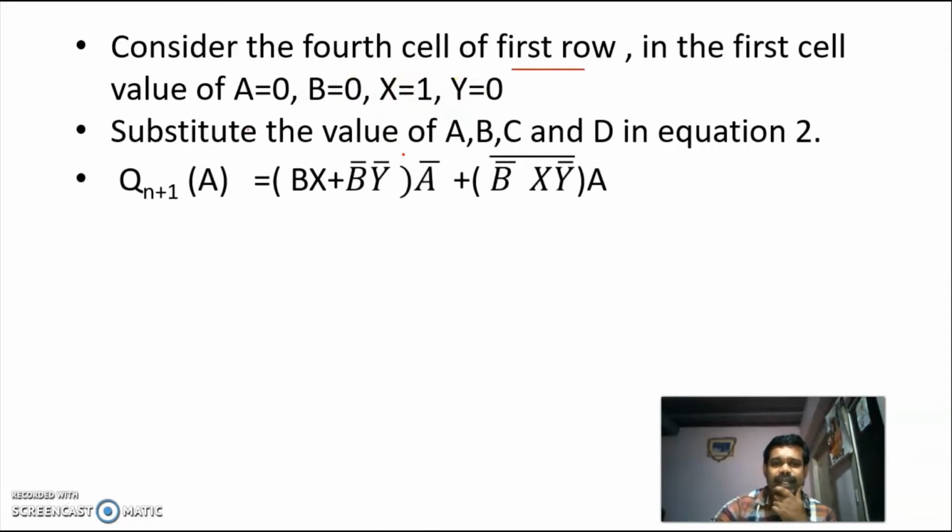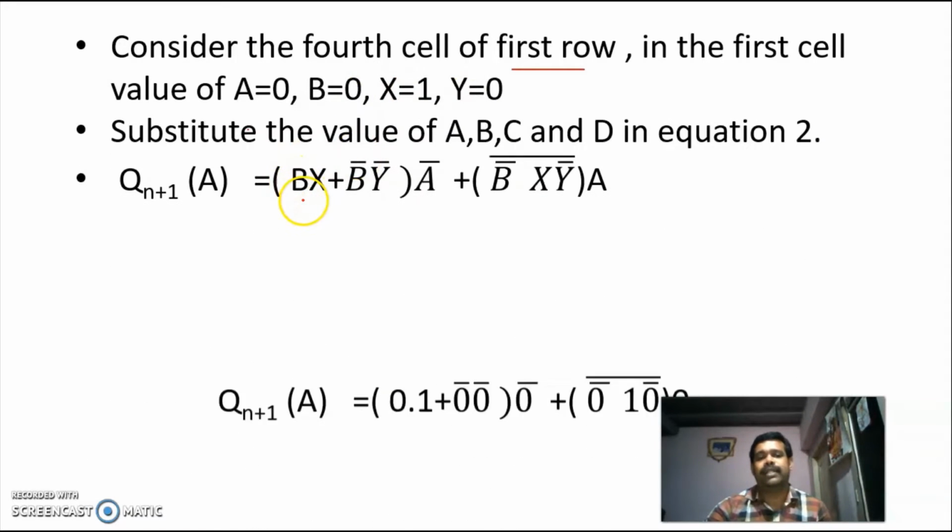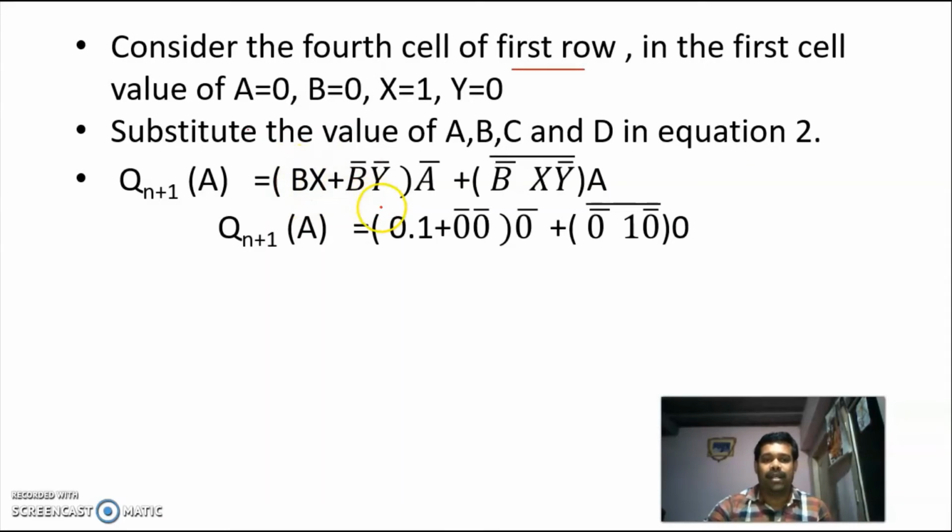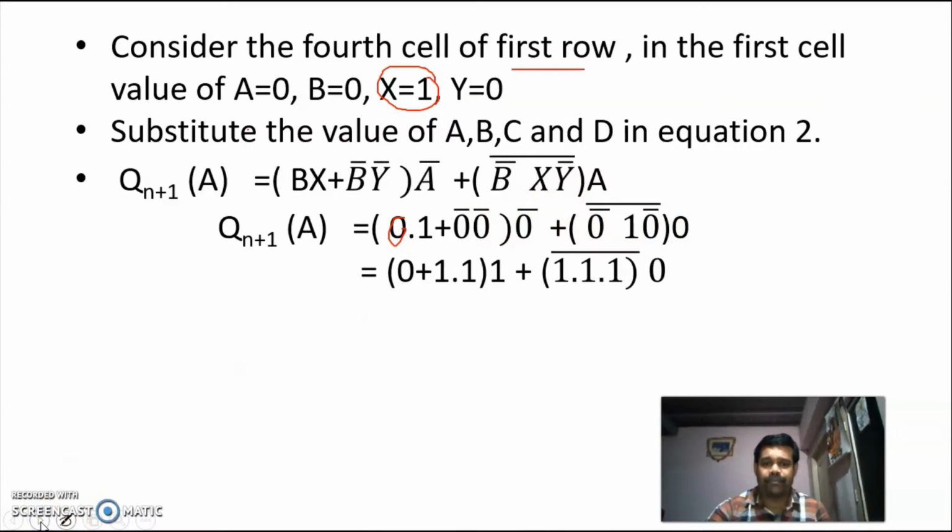So we are substituting in the equation 2. In this equation you are substituting only X is 1, all the others are 0. So 0, 1, 0 bar, 0 bar, again 0 bar. Then you are getting 0 into 1 is 0. 0 bar is 1, 0 bar is 1, so 1 into 1 is 1.